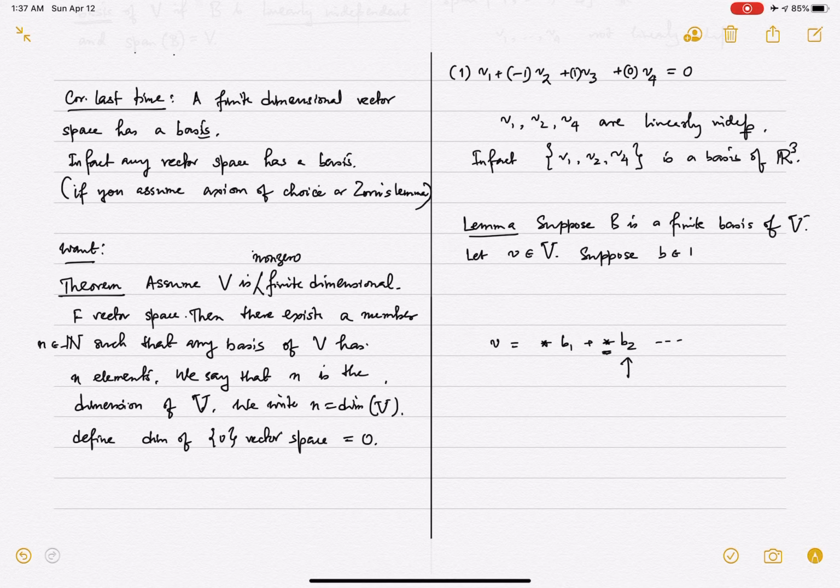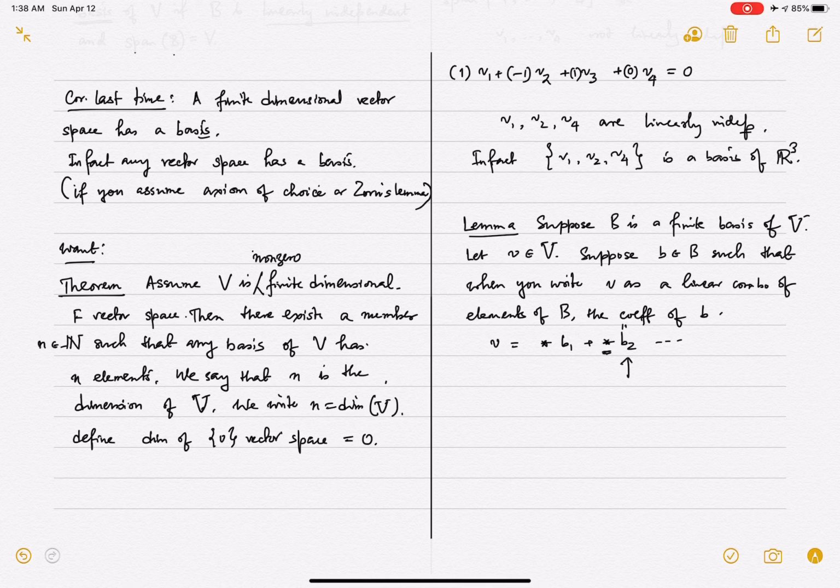Suppose little b in B is such that when you write V as a linear combination of elements of capital B, this little b appears with non-zero coefficient. The coefficient of little b is non-zero.